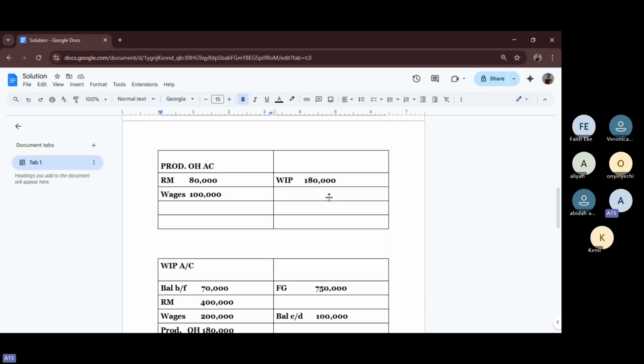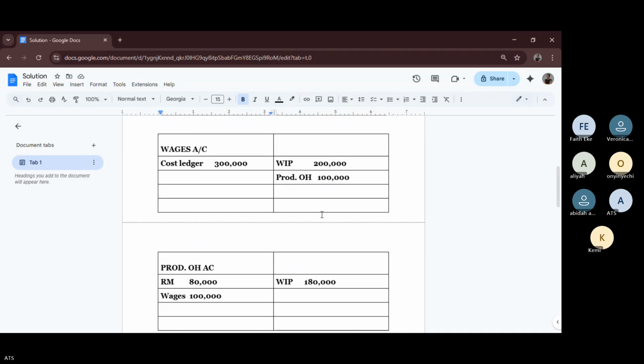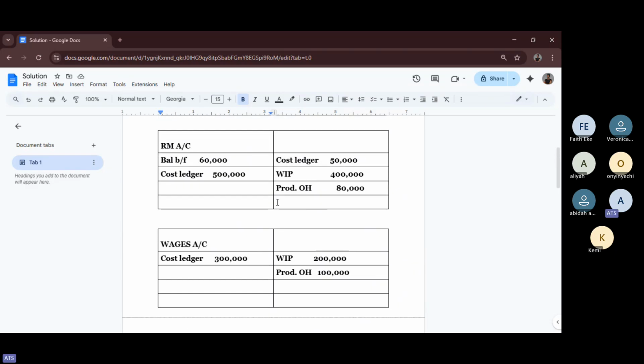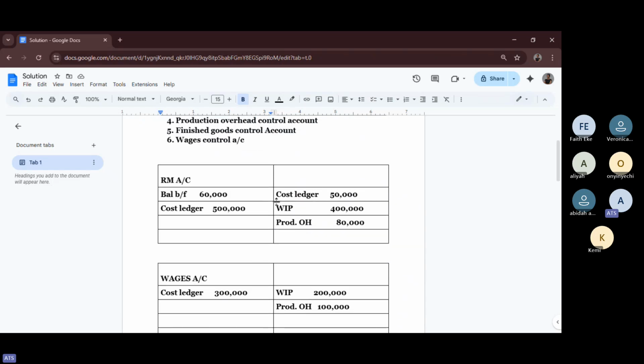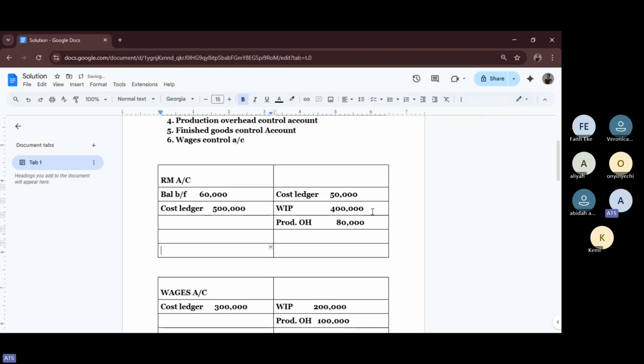Then this balances itself out. They are both 180,000. This one also closes itself. They are both 300,000. For this one, do we have a closing balance for raw material? Let's calculate and see. Is there a closing balance for raw materials?